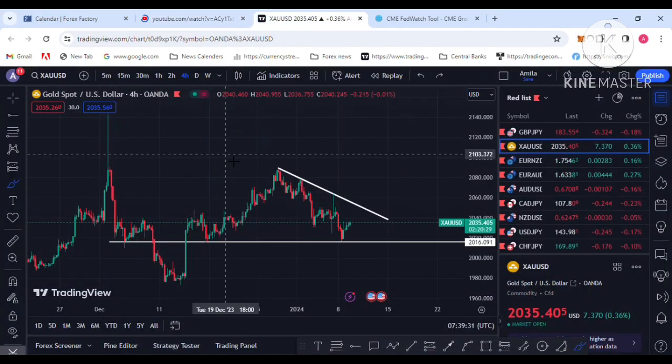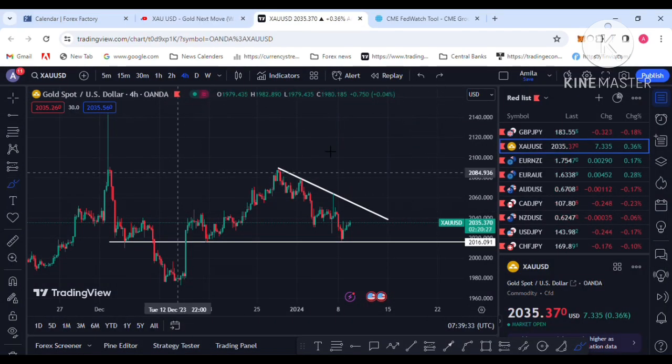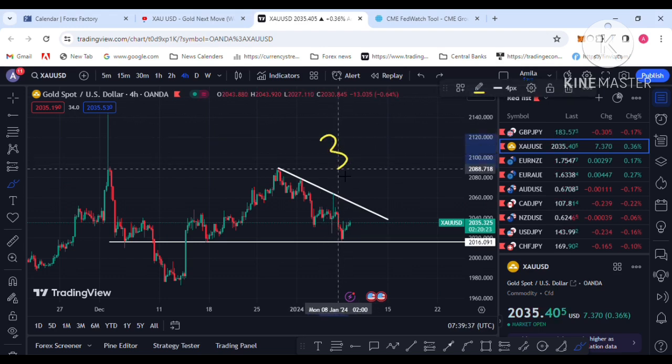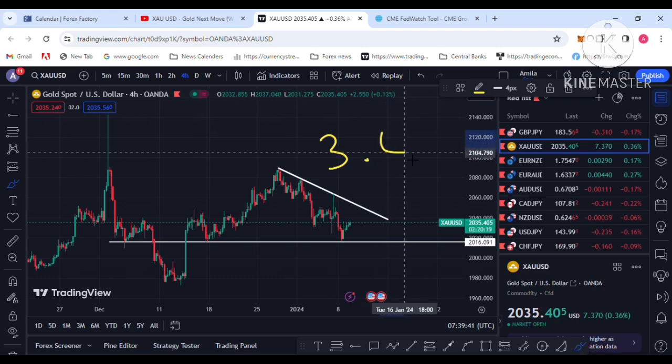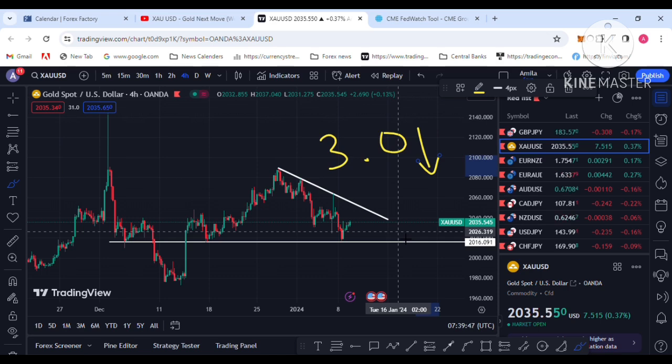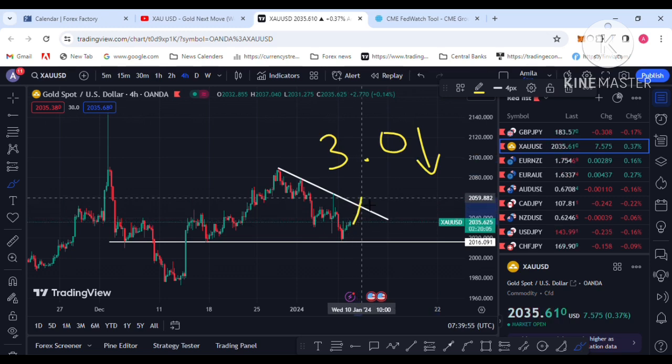If the actual inflation report this week drops below 3%, like 2.9, 2.8, that will help a dovish tone from the Fed in the January FOMC meeting, and also the rate cut forecast for the March FOMC meeting. That will help gold demand.